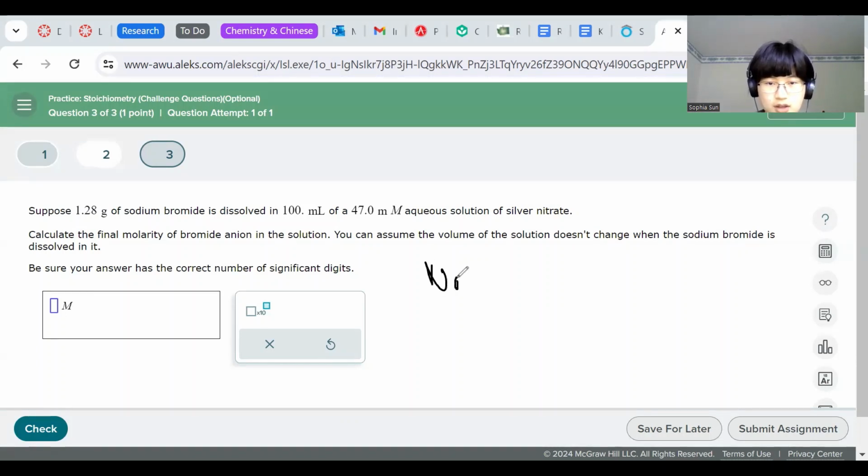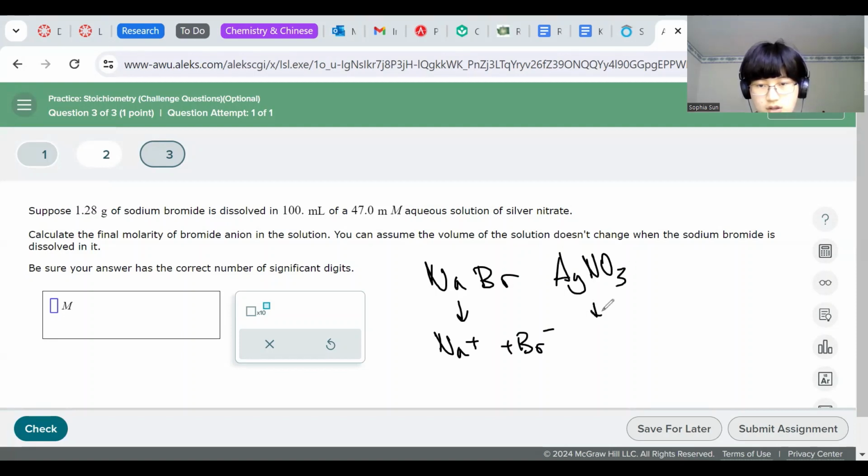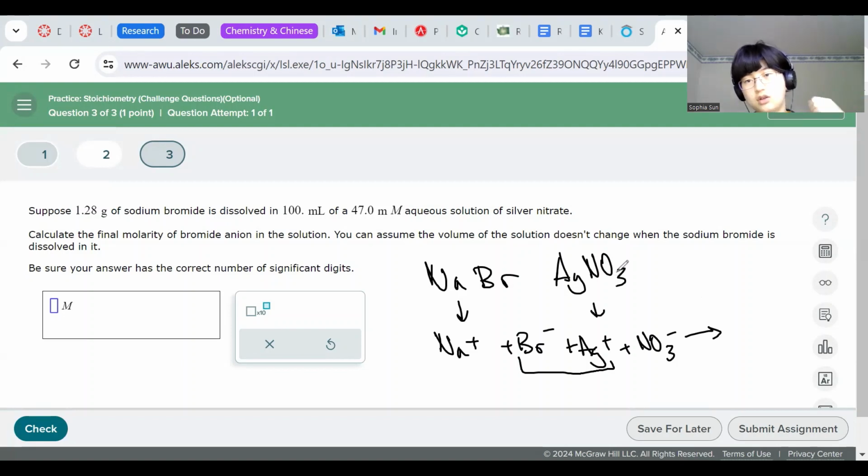We have NaBr, which is Na plus and Br minus, and silver nitrate, represented by Ag plus and NO3 minus. As we've already determined, silver bromide is insoluble in water, so instead of being a pair of ions, it would just be a solid.